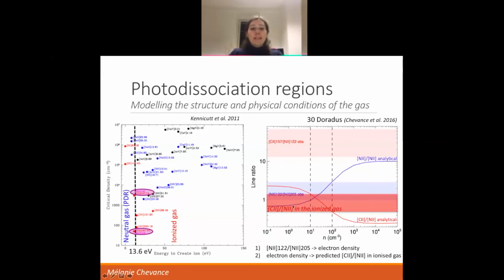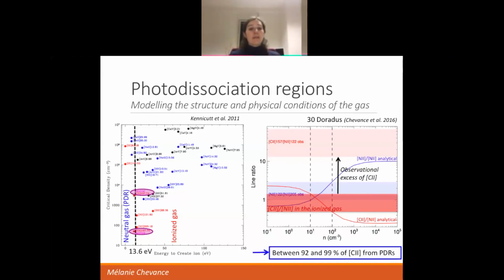But now if we compare this prediction to what is actually measured in Sertit Radius, we see that there is an excess of C2. The ratio that we measure is much higher than what is predicted, which means that this excess of C2 comes from the neutral gas instead of the ionized gas.